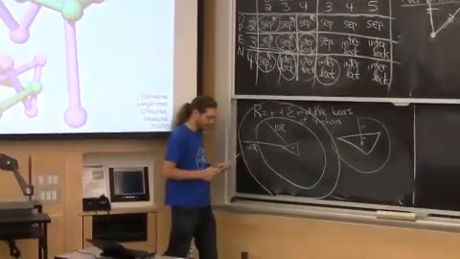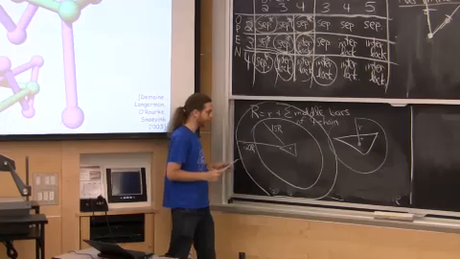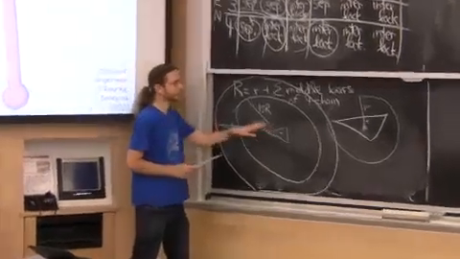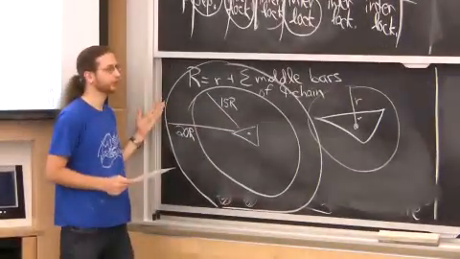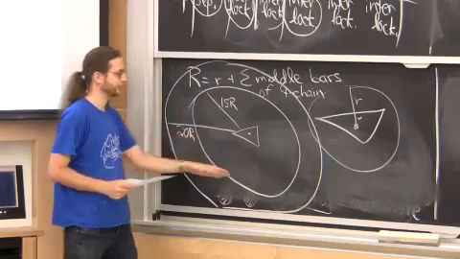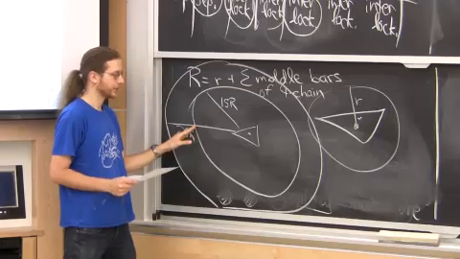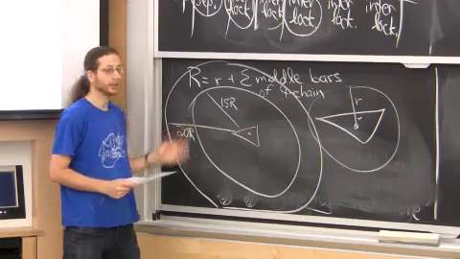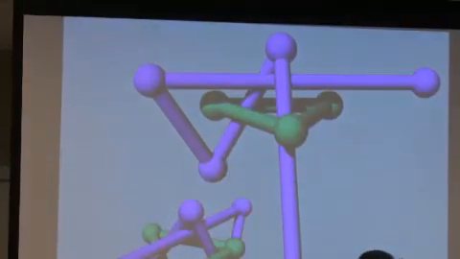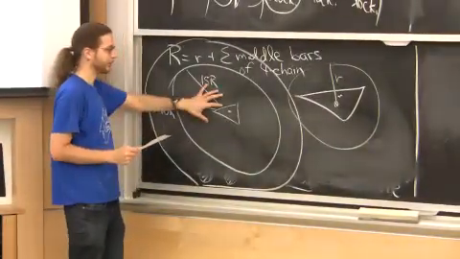Now, here's the claim. As long as the endpoints of the 4-chain stay outside this ball, then the interior bars, these two middle bars, have to stay inside this ball.